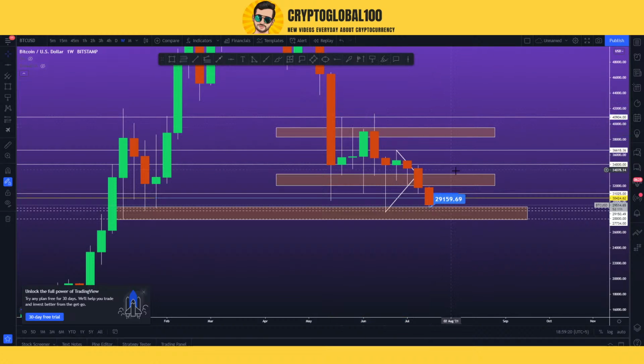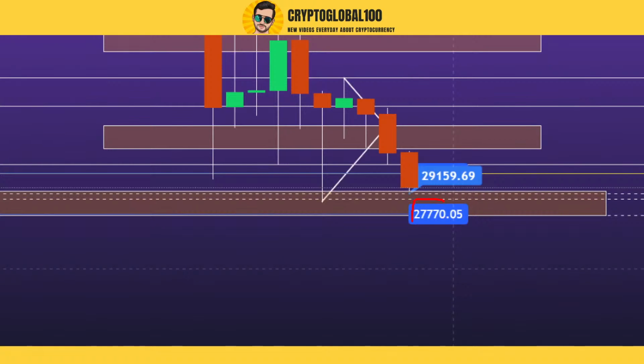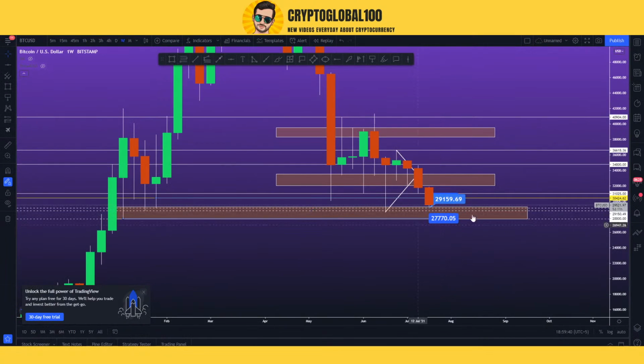So right now I think the price can go down to this area of 27,000 here. Let me readjust it. This is the area here, 27,000. Okay, so this is what I think, 27,770, because this is the demand zone.